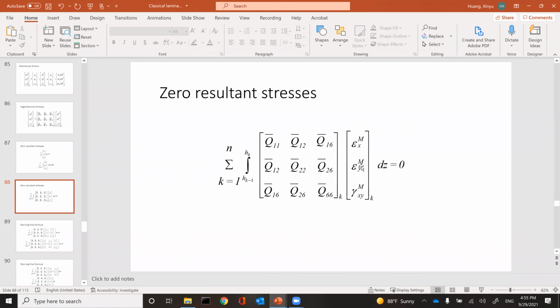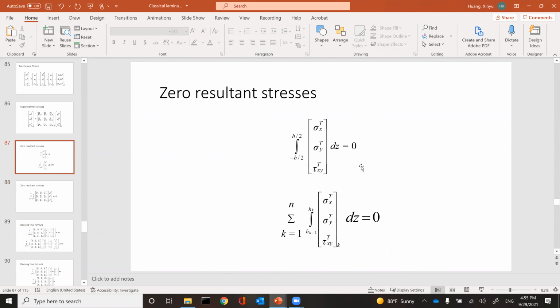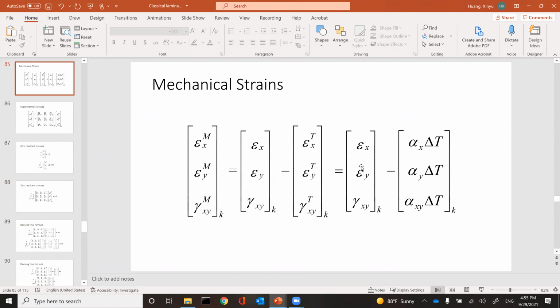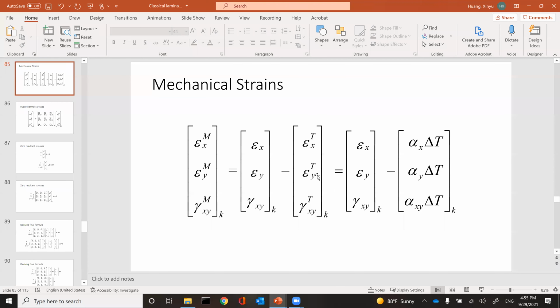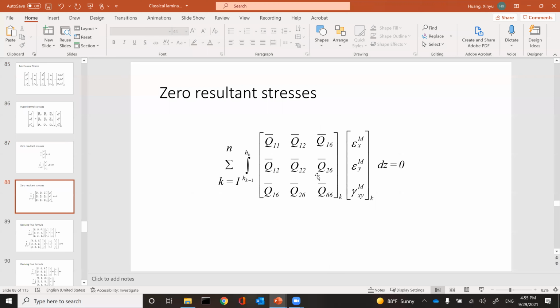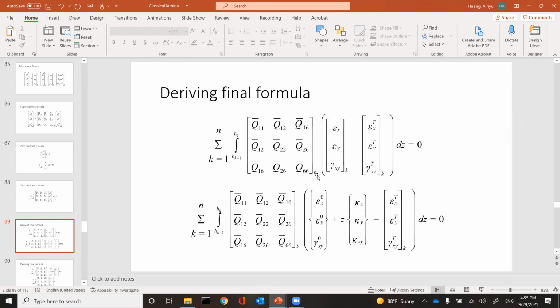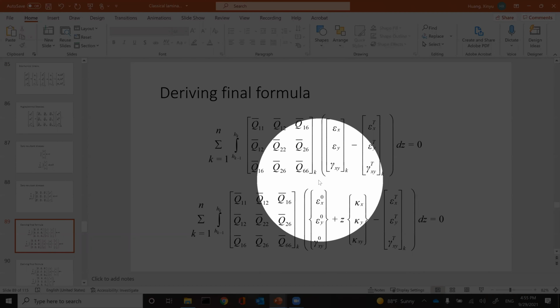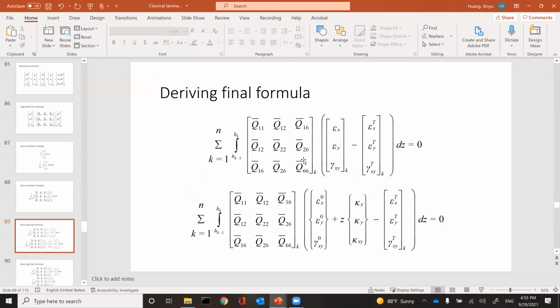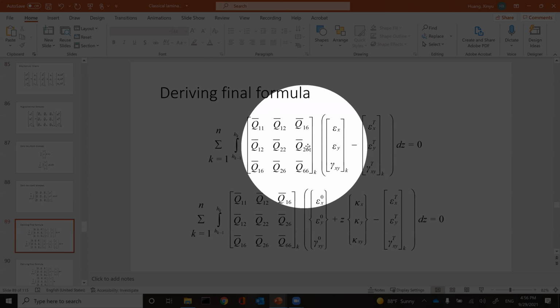Epsilon m is the difference between the total strain and the thermal strain. Okay. All right. And so all these equations we were looking at so far are basically the zero sum condition. We just plug in different relationships.